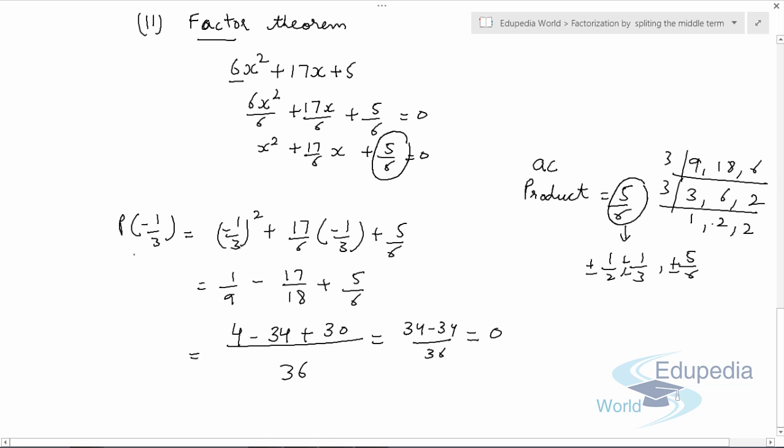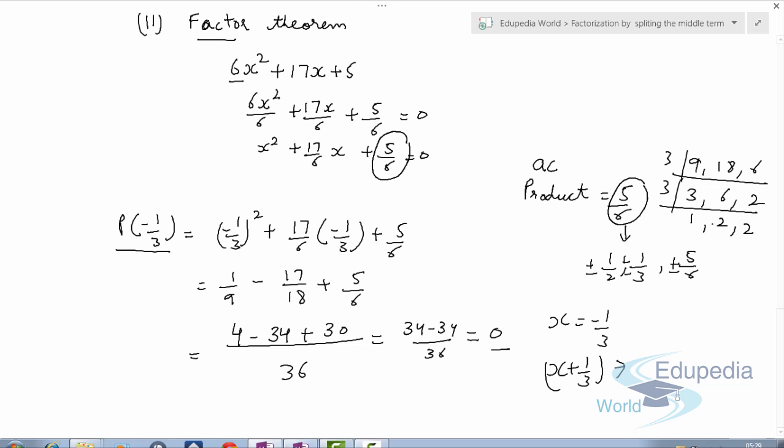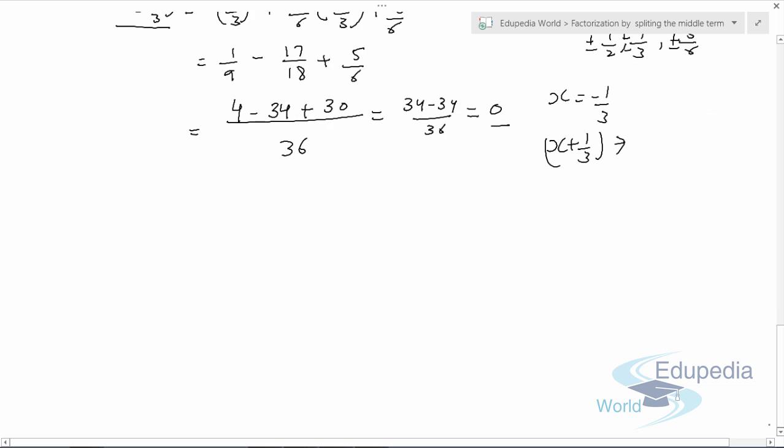So we are getting p of minus 1 by 3 as 0. This means x equals minus 1 by 3 is a factor of this polynomial, so x plus 1 by 3 is one factor. Now we have to find another factor.